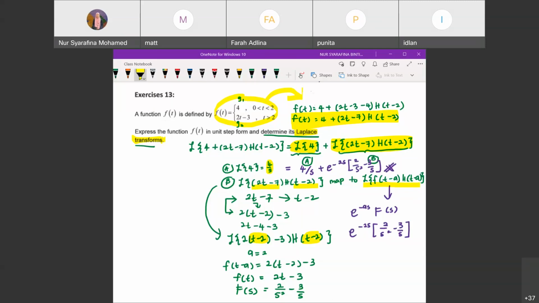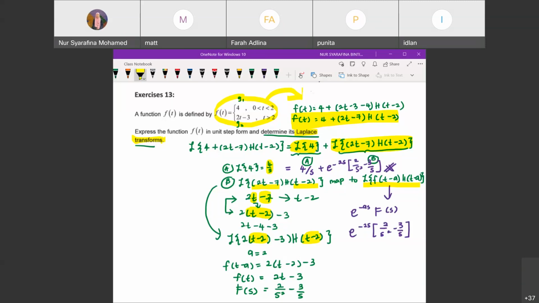Instead of t itself, we create t minus 2 and we should add another value just to make sure the value of the expression is not changed. If you have t, then you change to t minus 2. If you expand, you will have 2t minus 4. So to get minus 7, you should just minus 3. You should put minus 3 there in order to remain the minus 7.